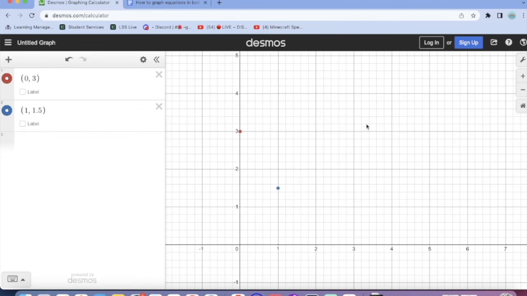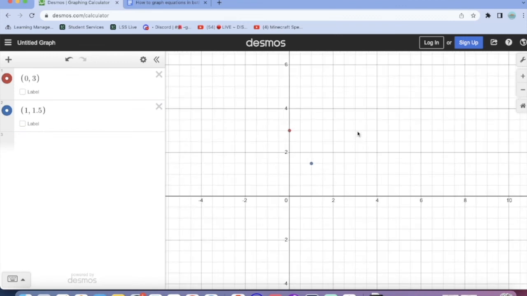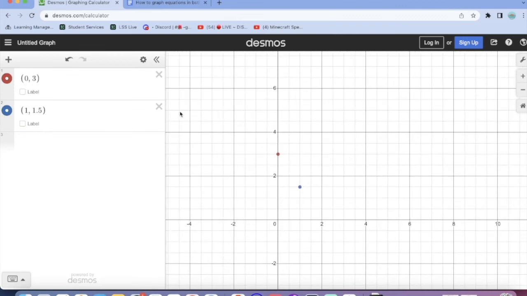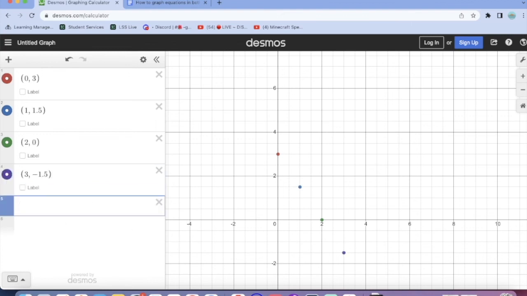Here, let's zoom in a little further. That's good. 1.5 at 2, 0 at 3, negative 1.5 at 4, negative 3, and so on and so forth.